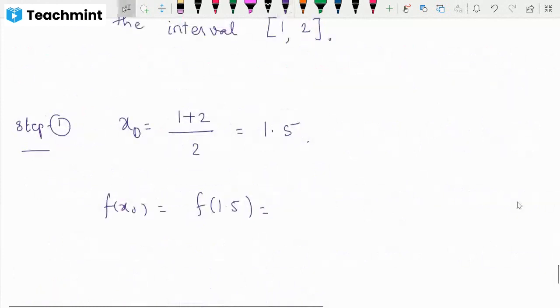That is 1.5 to the power 3 minus 1.5 minus 1.